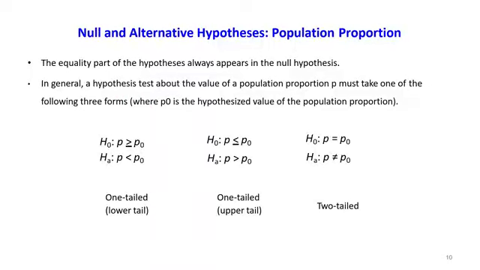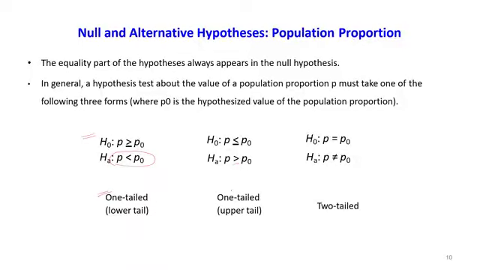Before that, let's see what kind of null and alternate hypothesis we can develop for this population proportion. Again, it would be almost the same. Instead of mu, we are going to use P here. That's all. So here, if the alternate hypothesis states that your actual proportion is less than this P0, then it becomes a one-tailed or lower-tailed test.